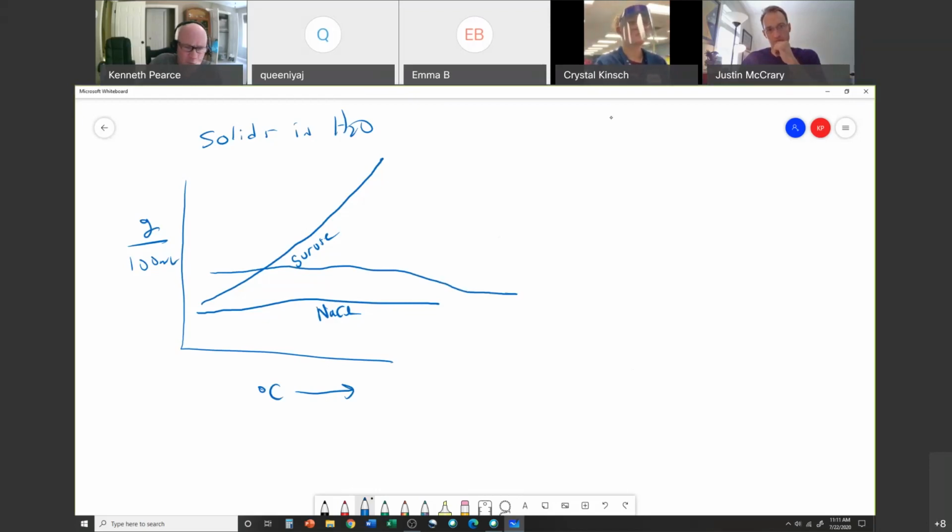And then you have an occasional compound which goes down ever so slightly. I think cerium sulfate is one of them. It actually goes down a little bit. And this is important for things like if you ever work in a factory and you have a boiler, they have these salesmen that run around giving you water treatment chemicals. And the sole purpose of water treatment chemicals is to keep from messing up your boiler.